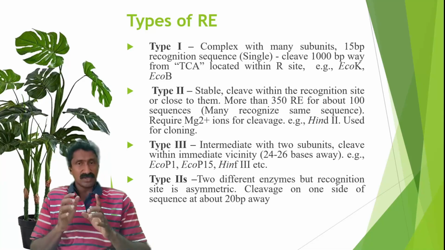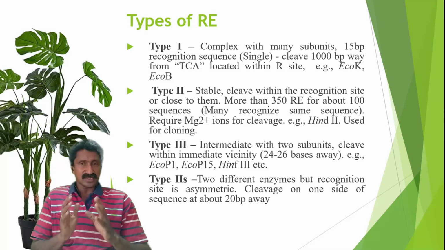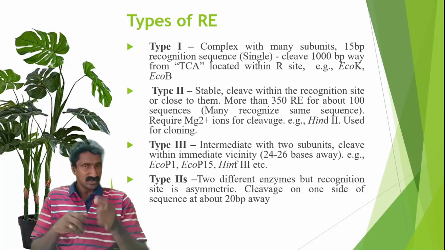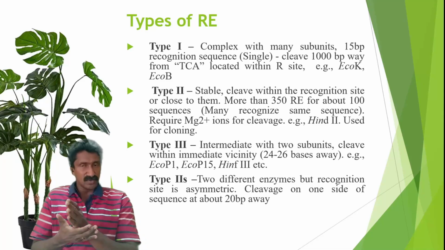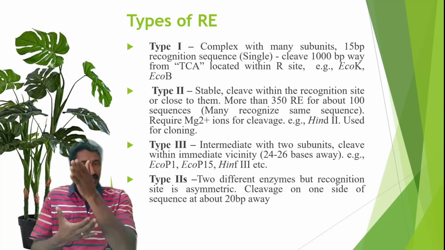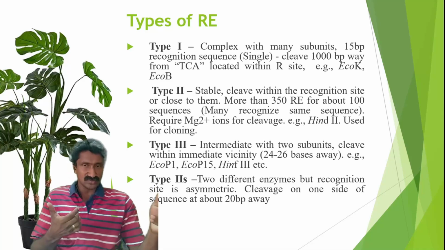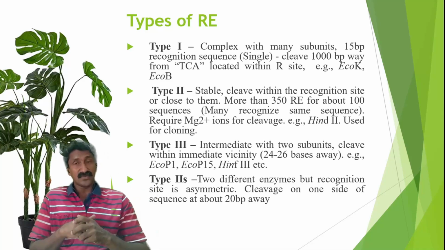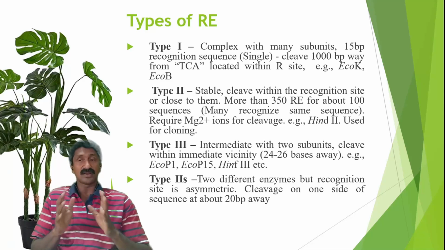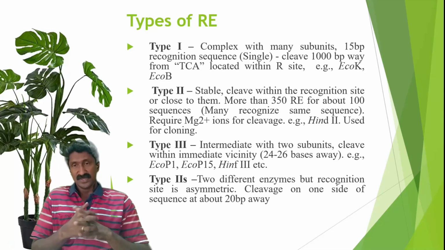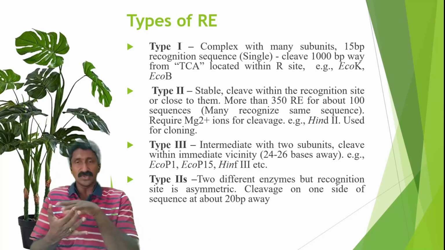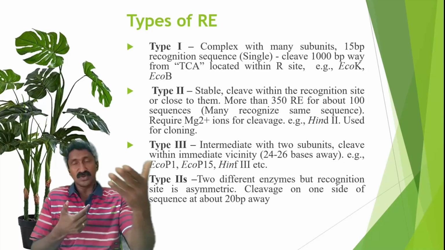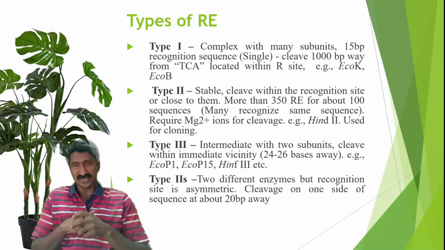Type 2 is a stable enzyme that cleaves within the restriction sequence or close to it. So the difference between type 1 and type 2 is that type 2 is a stable one and it cleaves in between, not at a distant location. More than 350 restriction enzymes recognizing about 100 sequences were identified. So there are 100 different restriction sites, and they are recognized by 350 restriction enzymes.